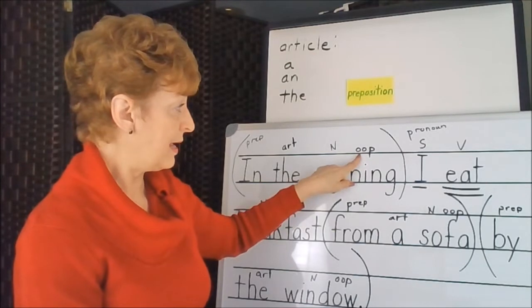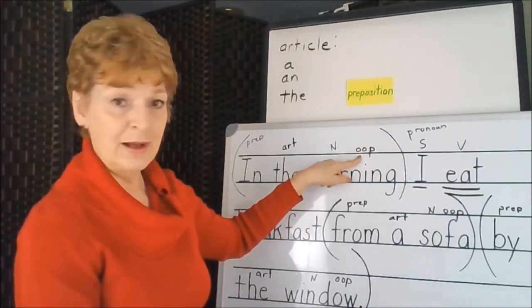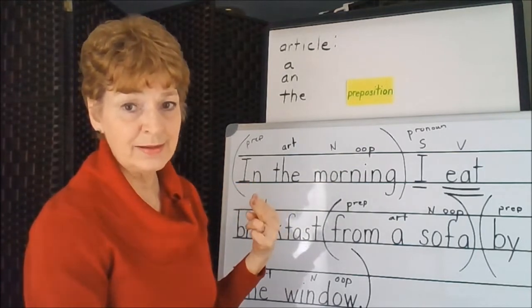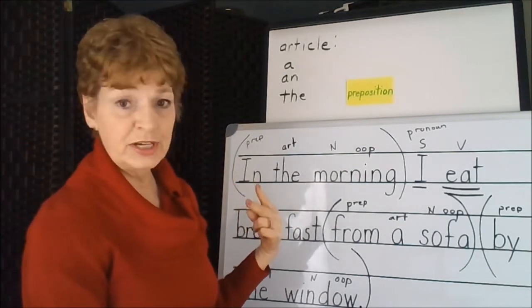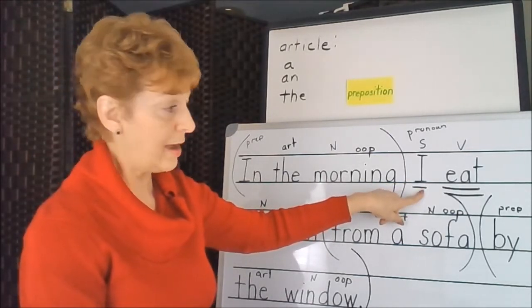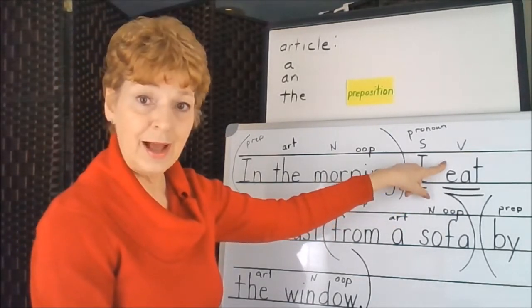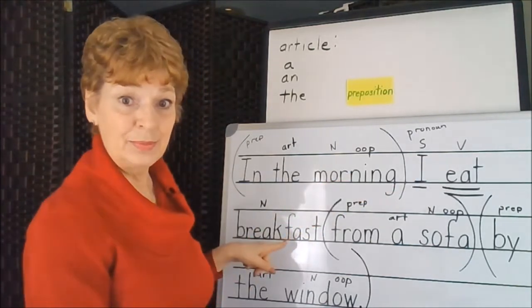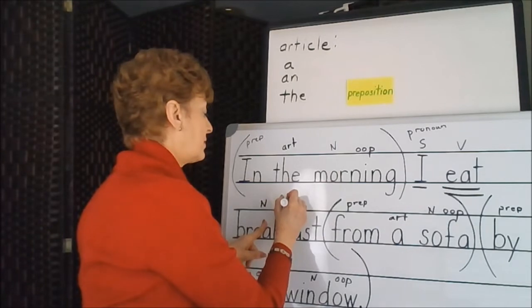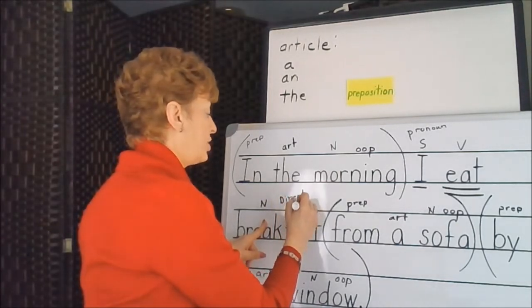So we've eliminated now the subject and object of a preposition. We really only have indirect objects and direct objects. Direct objects receive the action. I, the subject, does the action. I eat. What got eaten? The breakfast. This is a noun that functions as a direct object.